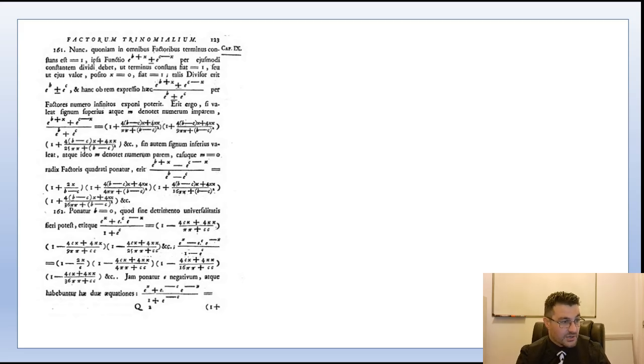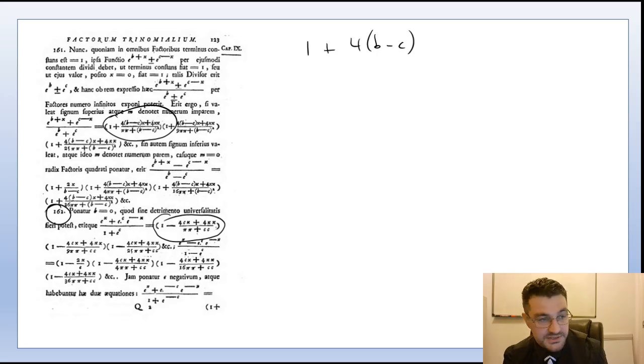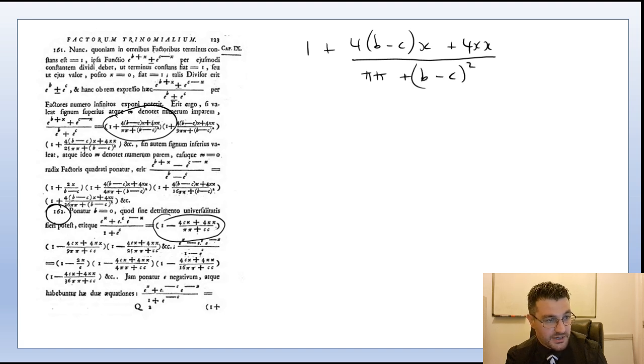So where are we? 161, 162. Okay, so this expression here. Where does this come from? It comes from here. So we've got 1 plus 4 b minus c x plus 4xx over pi plus b minus c squared.